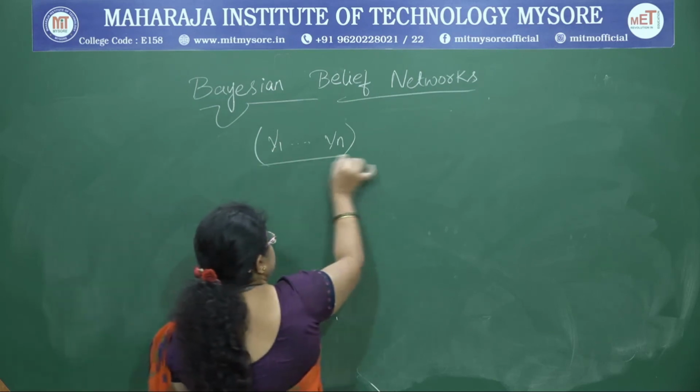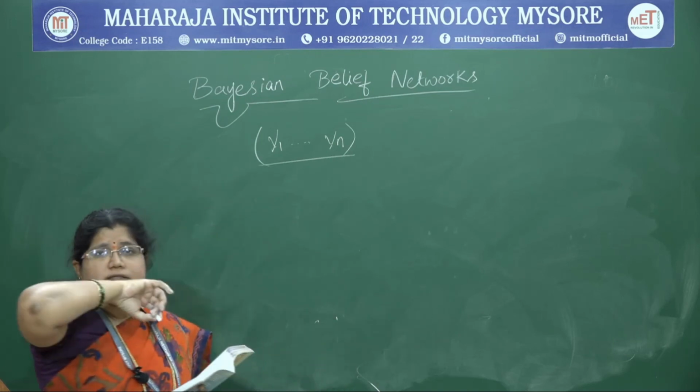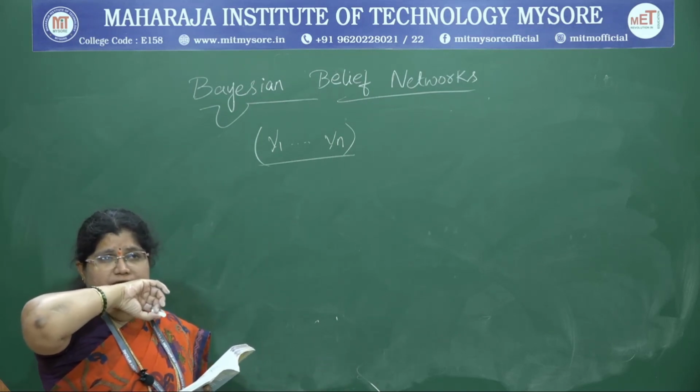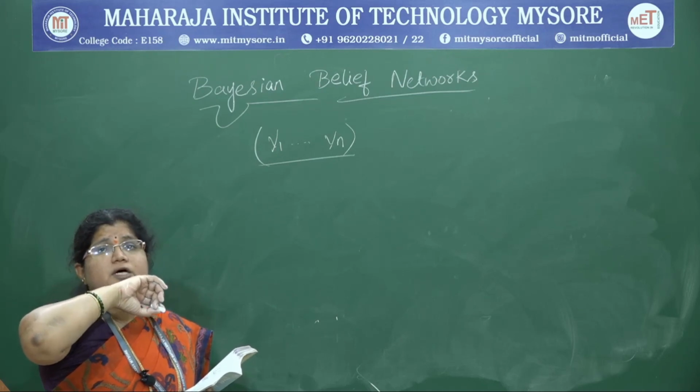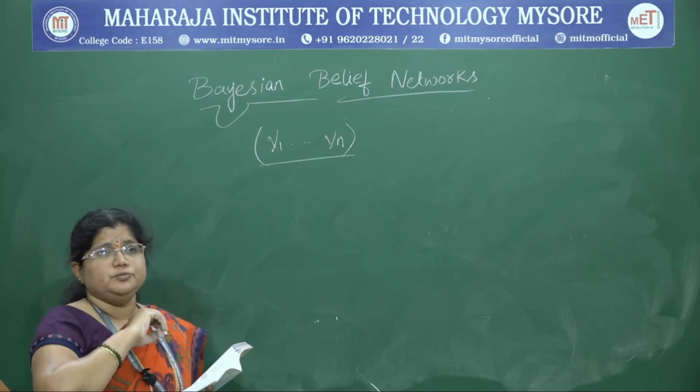For these variables, y1 to yn, how can we compute the joint probability distribution?